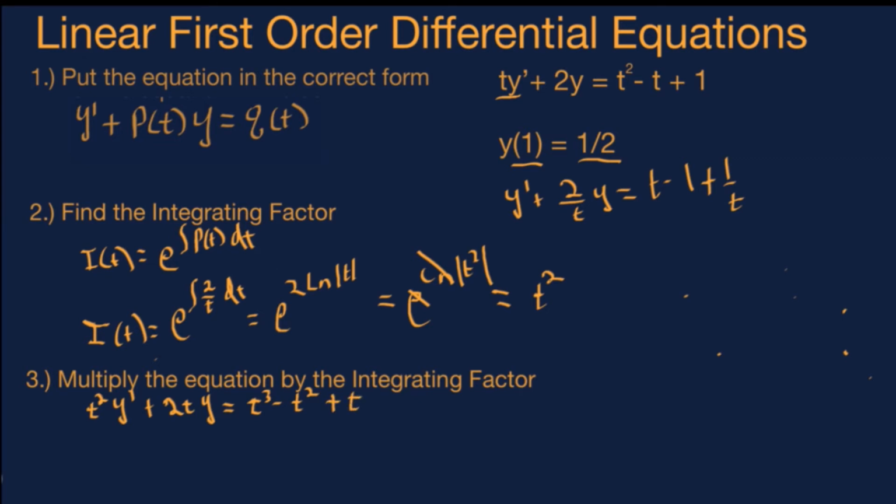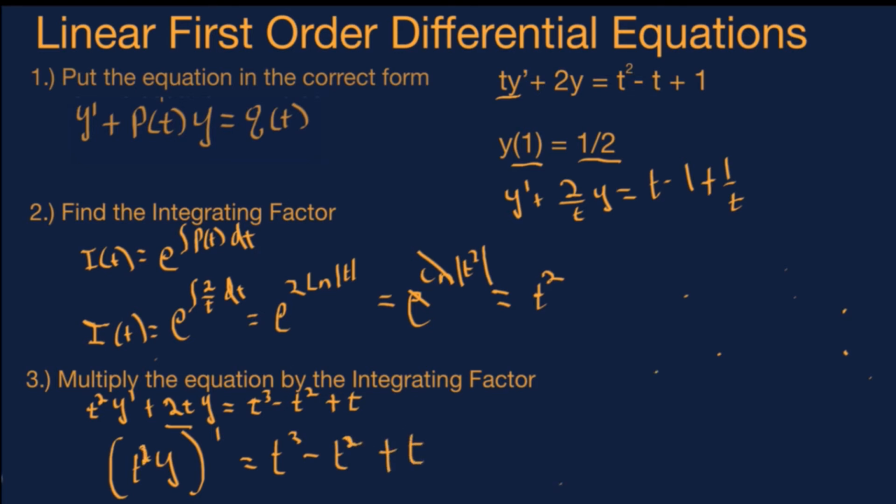And 2t is the derivative of t squared. So on the left side of this equation, we now have the product rule in terms of the functions t squared and y. So that can be rewritten as the derivative of t squared times y, which is equal to t cubed minus t squared plus t.